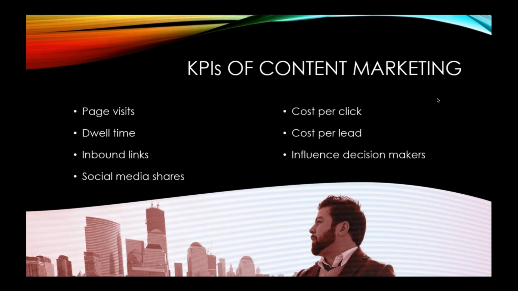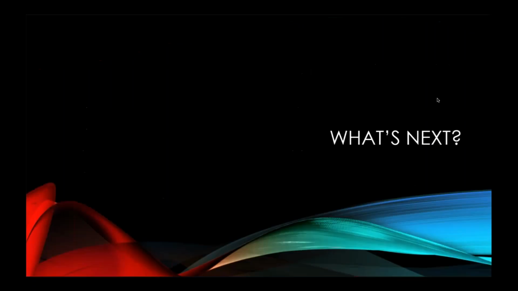And are you actually influencing decision makers? I think these are some of the key aspects of content marketing. If you're able to hit some of these KPIs, I think you would really be in a good place in terms of figuring out actual revenue coming in through the content that you're creating.